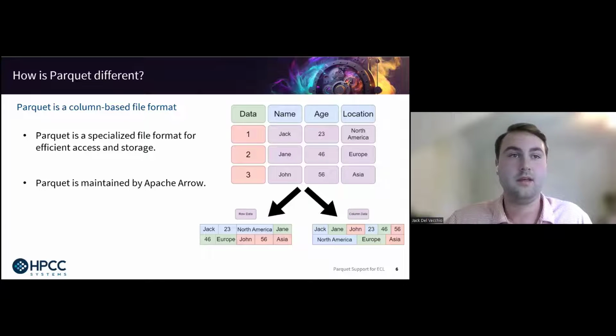What this means is that if you look at the data here, it gets stored row by row, so all the fields get stored one after the other, as opposed to column data, where all the name fields get stored together and all the age fields get stored together. This offers a lot of efficient access, and we can get a lot of performance out of this.